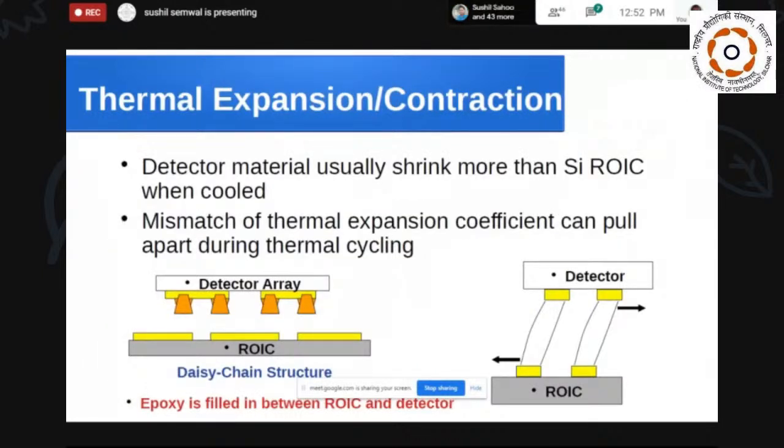So since we are using these detectors and ROIC integration at cryogenic temperature, and as we know that these two different materials have different thermal expansion and contraction coefficients, the mismatch of these thermal expansion coefficients can pull apart these indium bumps during thermal cycling.